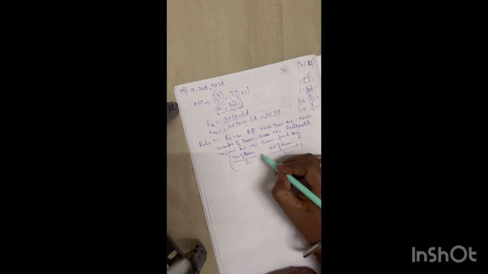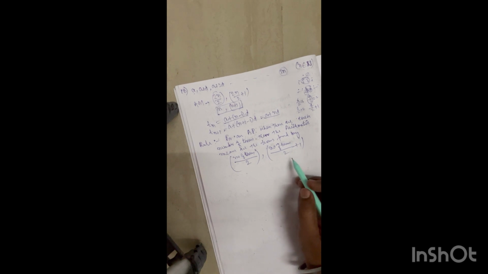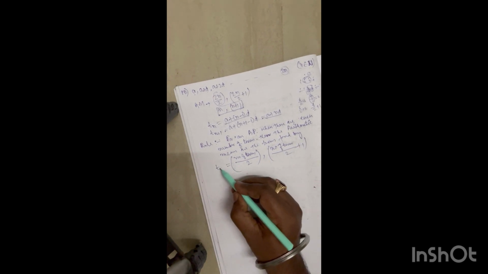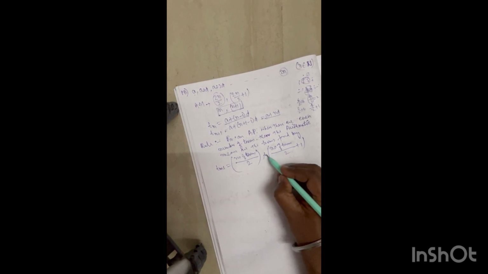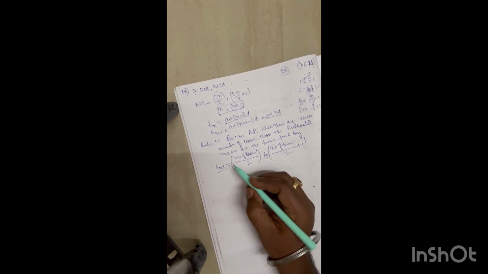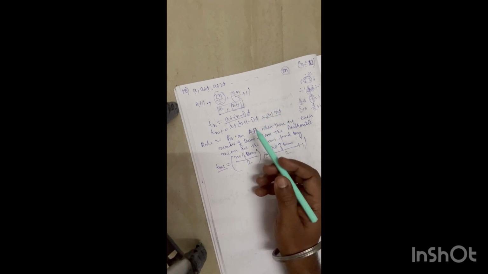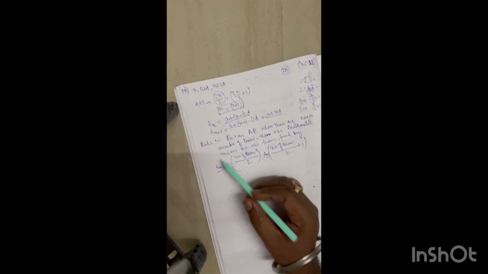This is the rule for getting the arithmetic means. The first arithmetic mean is represented by TM1, and the second arithmetic mean by TM2. So for an even number of terms in an AP, there are always two arithmetic means. Now you understand the rule. This is the second rule.